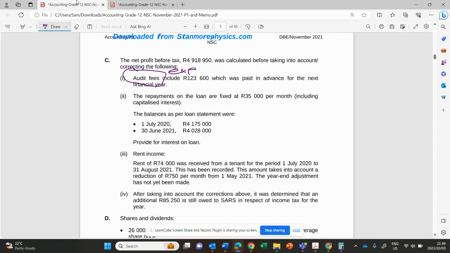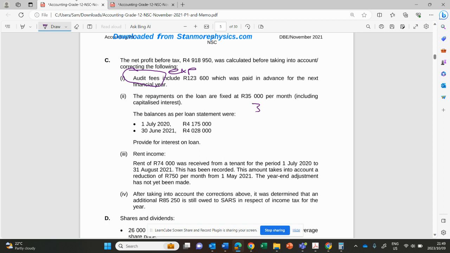Now, the interest on loan. Okay, you know how we get the interest on loan. We are given the repayment of the loan, which is 35,000 per month, including the capitalized interest. So we are looking for the interest that was capitalized. How are we going to get this?